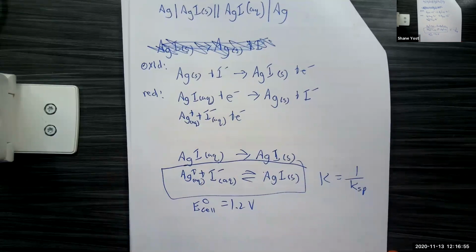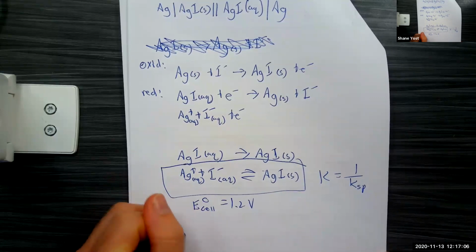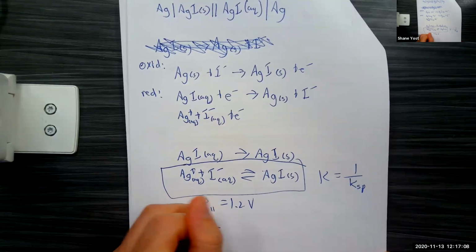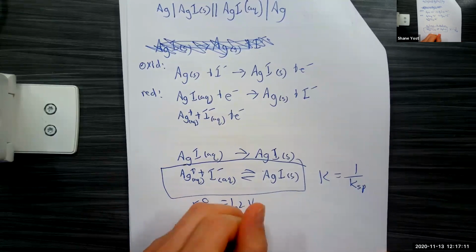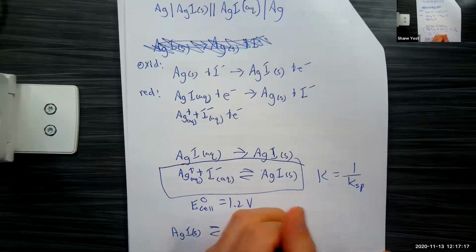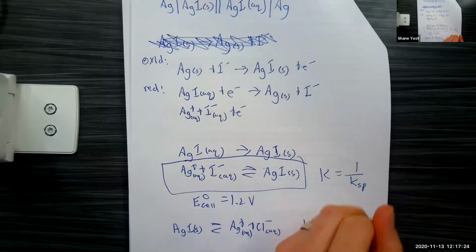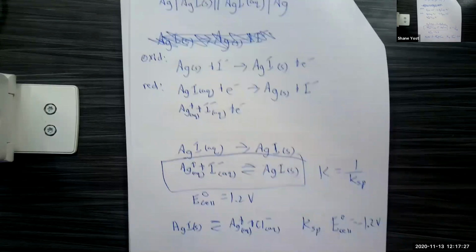If I flip the reaction so that I get my KSP, AgI solid going to Ag plus and I minus has an equilibrium constant KSP, with a cell potential of minus 1.2 volts.